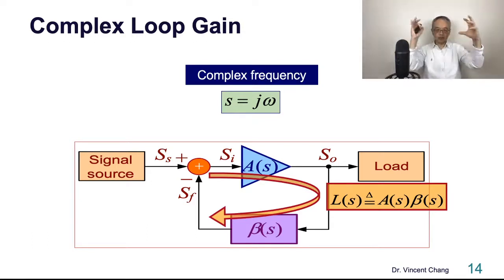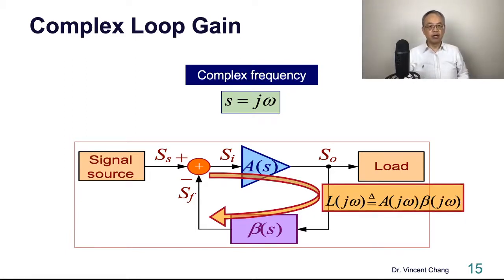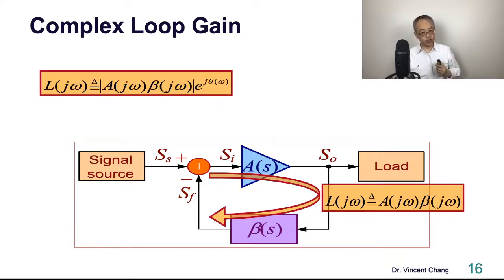The product of the two becomes a complex loop gain, L of S. Or we can say L of j omega is defined as A of j omega times beta of j omega.